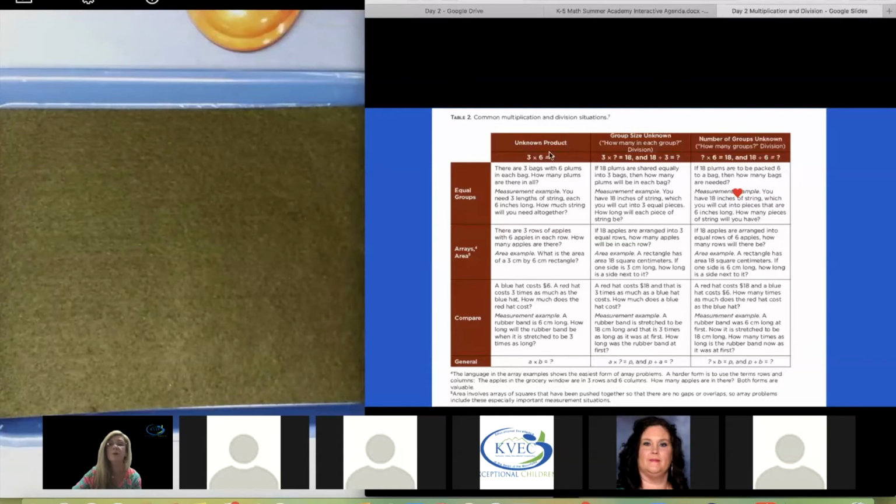An unknown product, that of course is our answer. If the group size is unknown, so how many in each group, which tends to help us do with division. That's where division comes into play. And then of course, the number in each group is known, or the number of groups rather is unknown. So how many in a group, or the number of groups.